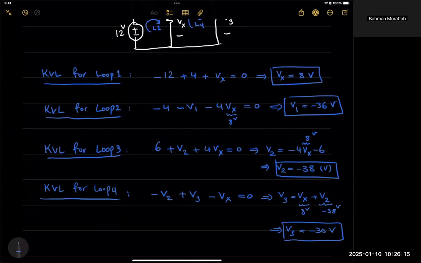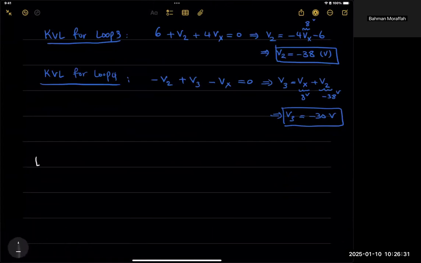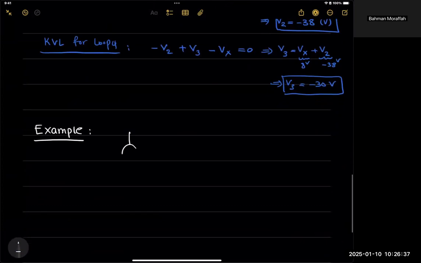Let's do another example to see how it works. Let's say I am given a circuit that looks like this. I have 12 volts.